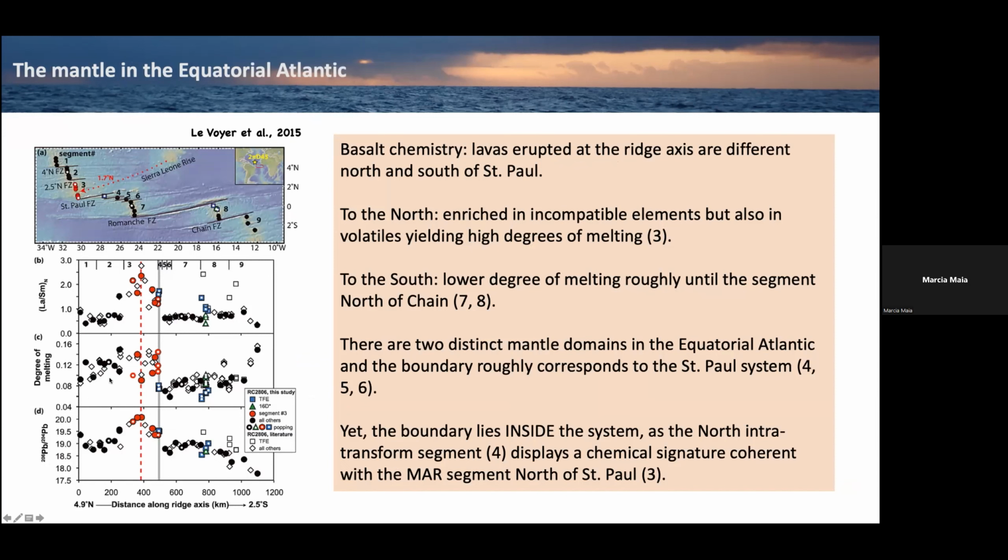I already showed the one published by Schilling, showing that we have two distinct mantle domains, one in the north, which is specially located in the segment north of St. Paul, which is fertile, and another one in the south that is less fertile. And the transition is around the St. Paul. And it is the fact that we have this very enriched mantle and very fertile mantle here that helps propagating the segment of the Mid-Atlantic Ridge to the south, inducing this deformation that resulted in the Atoba Ridge.